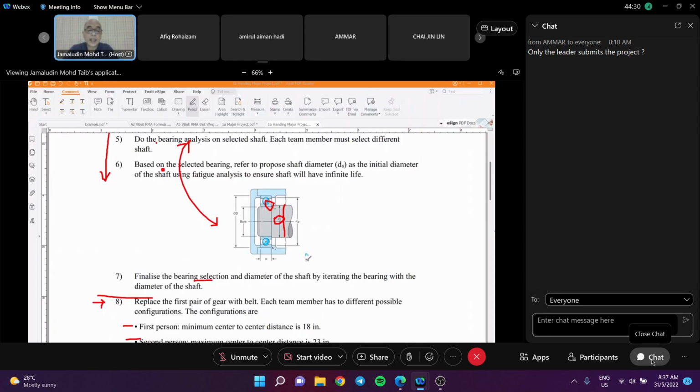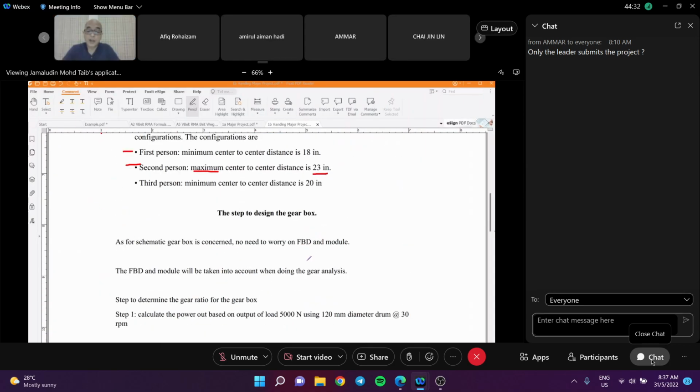Then the steps for the gearbox. I have given you this for the submit gearbox. Some of you just assume the output, two motors and whatever. Some of you just do the analysis straightforward.